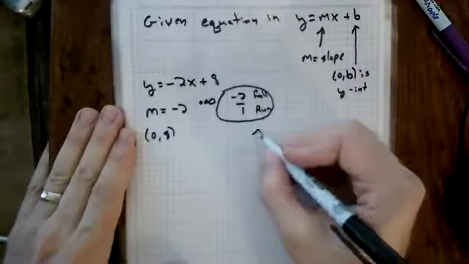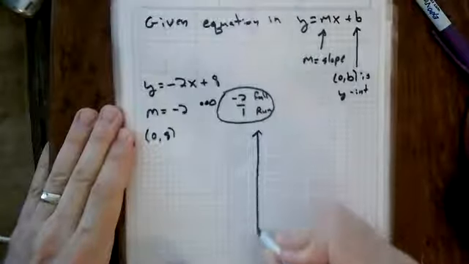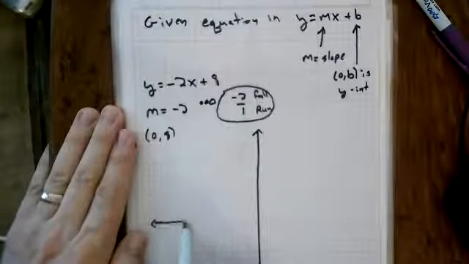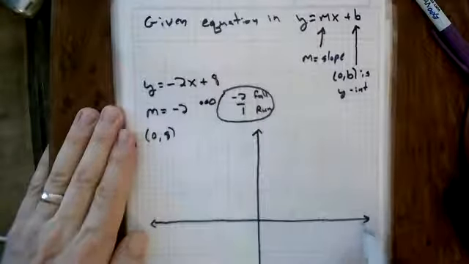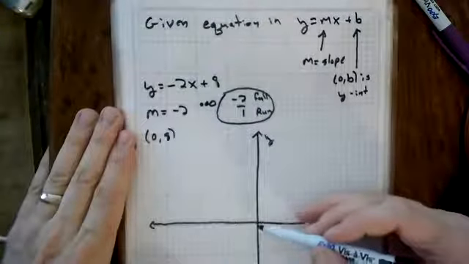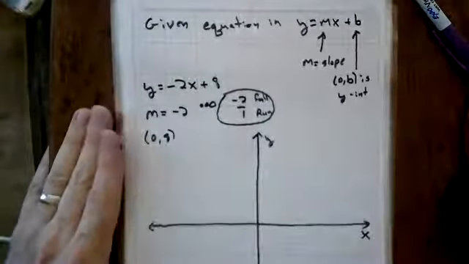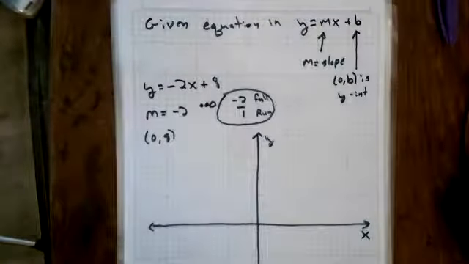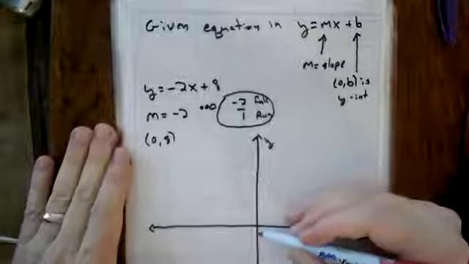So now we have everything that we need to graph. We've got a point, we've got a slope, and we just need that starting point. Our starting point is going to be up here at 8.